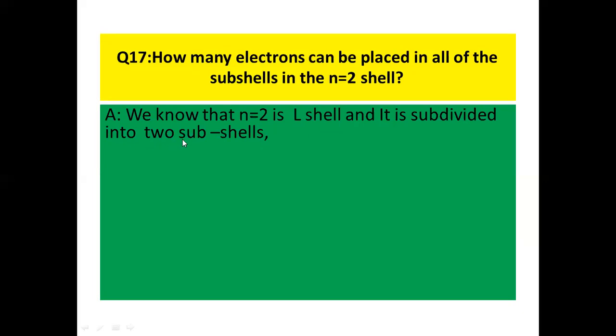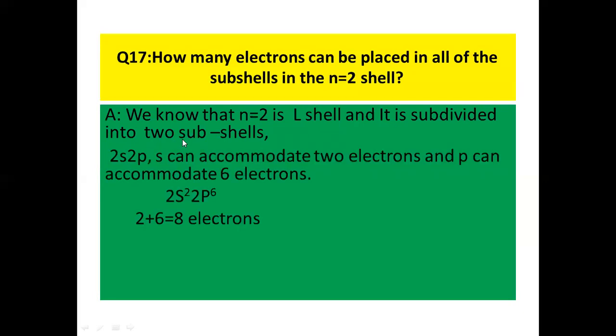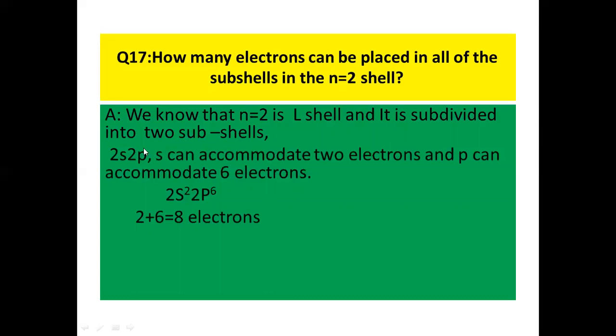Those two subshells are 2s and 2p. s can accommodate 2 electrons and p can accommodate 6 electrons. So we will place electrons as 2s2, 2p6. Total electrons are 2 plus 6 equal to 8 electrons. So how many electrons are placed in all of the subshells in the n equal to 2 shell? In total there are 8 electrons.